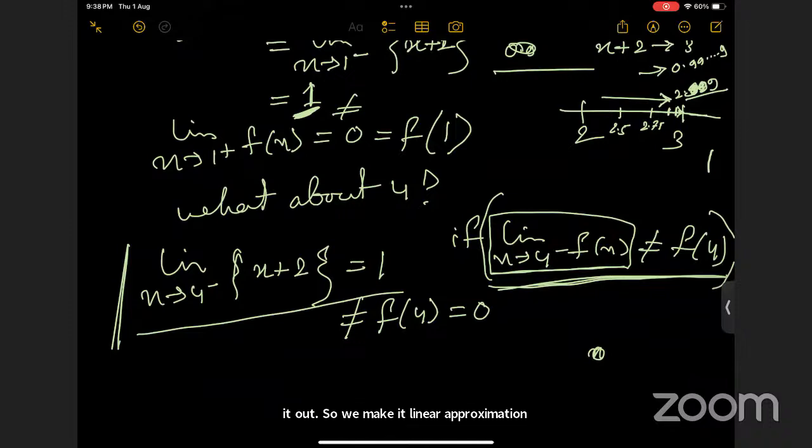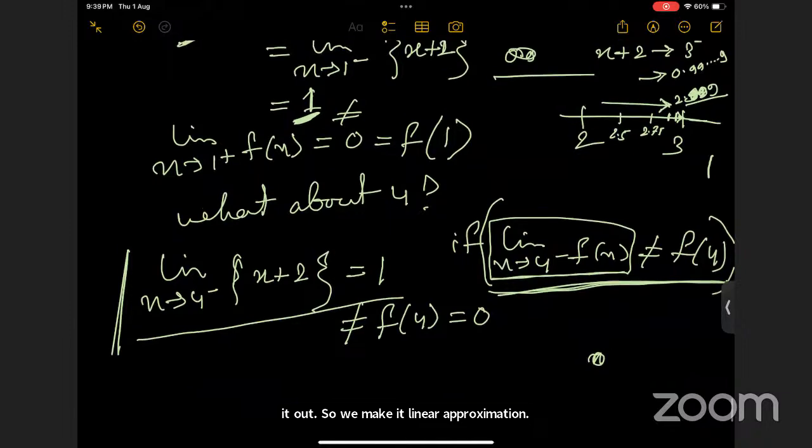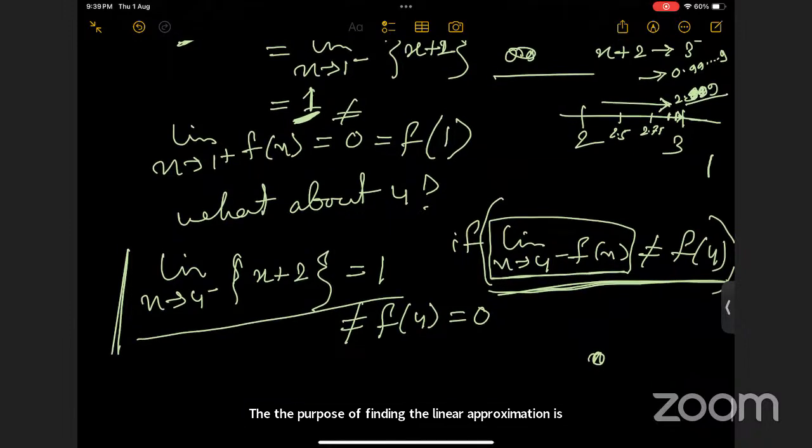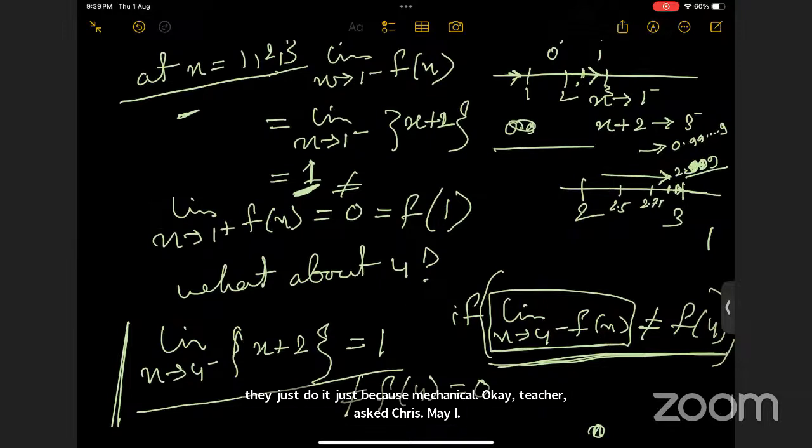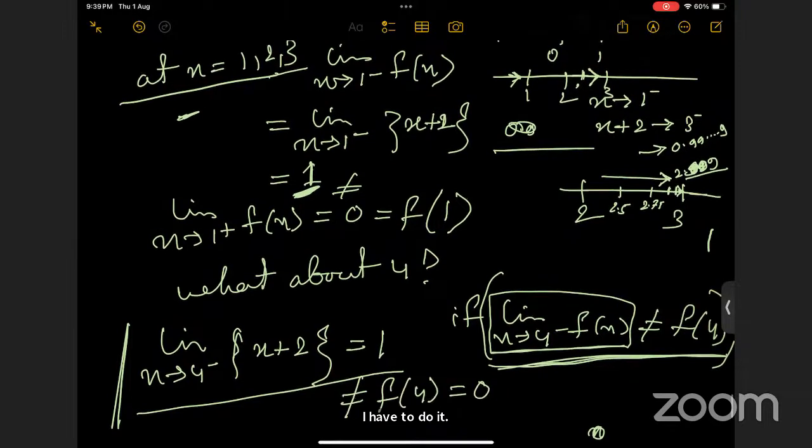The purpose of finding the linear approximation is not known, and they just do it mechanically. Later in life, they forget. They can use the linear approximation when the question comes: this is a complex function, I can do a linear approximation to figure it out.